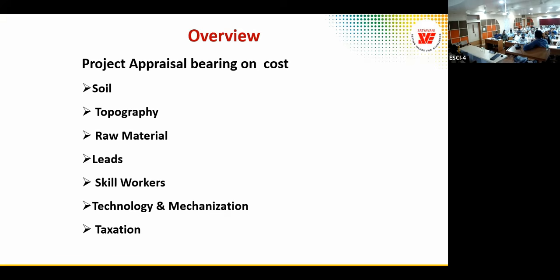We also prepare a lead chart for all these materials, cement, steel, because lead chart has a bearing on the cost. As per any SOR or SSR, we have to calculate the lead cost and the skilled workers availability. Sometimes if you don't have skilled workers available in the region, you have to create a camp and that camp cost. Most of the people miss this.